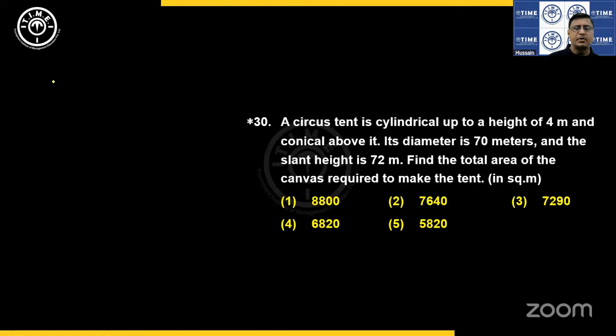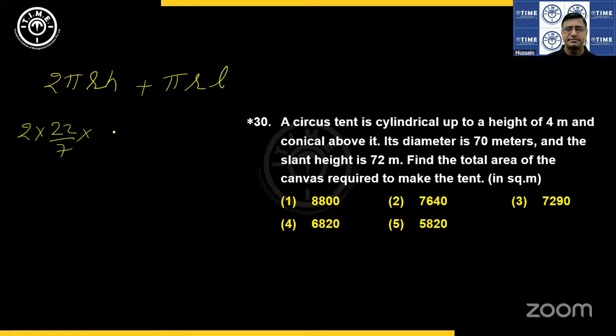So here, curved surface area: 2 pi r h and pi r l. Now, 2 pi r h means 2 into 22 by 7, r. What is the value of r here? 70 meters is the diameter, means 35.